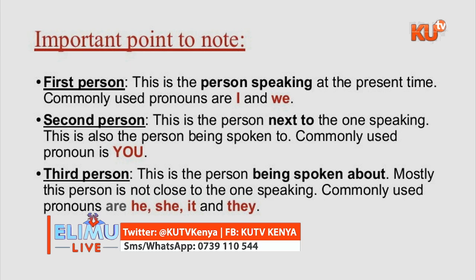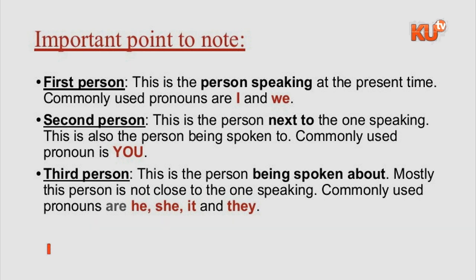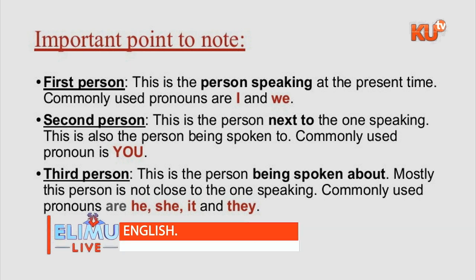Then when we come to third person, it means the person that I'm talking about. This person is not close to me. This person is away from where I am, and most likely I'm not even able to see this person. This person is far from me. Which pronouns are used when we refer to third person? In the third person singular, there are three pronouns.